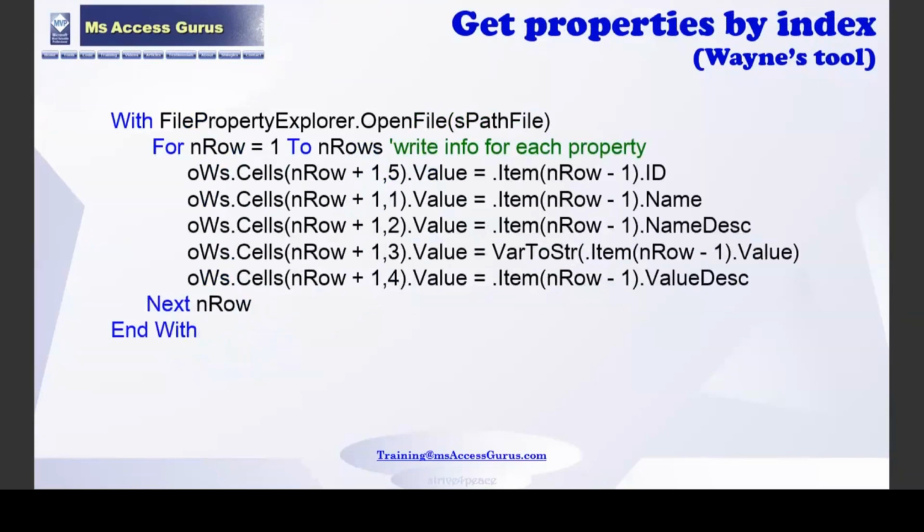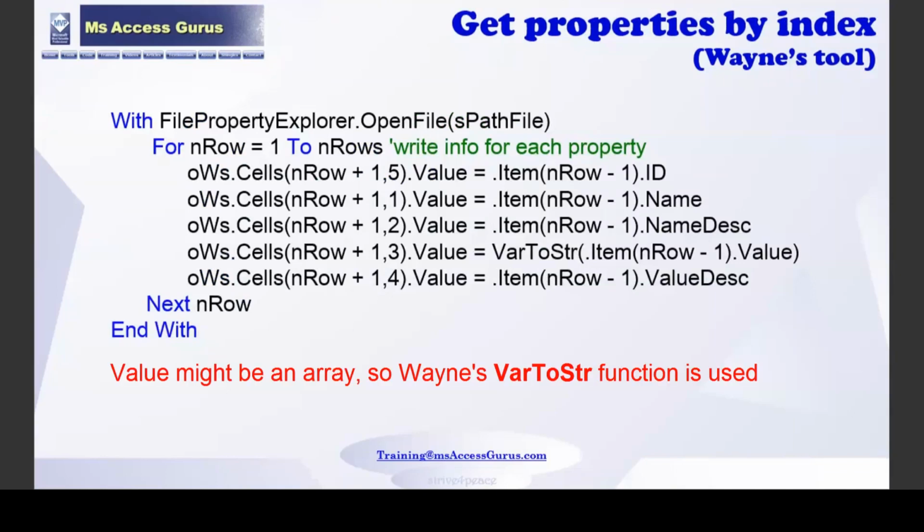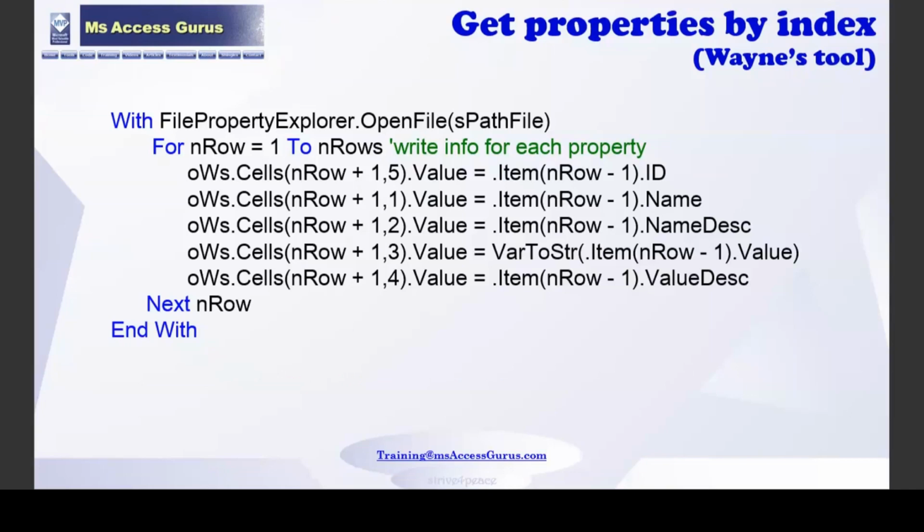You can also get properties by index. So here, after the dot Item, you see I have nRow minus 1 is the index of the property I want, and they start at 0, so they go from 0 to the Properties.Count minus 1. So you can reference them that way. A lot of times you'll just want the value, but you can get the ID, the name, description, the value, and the value description.